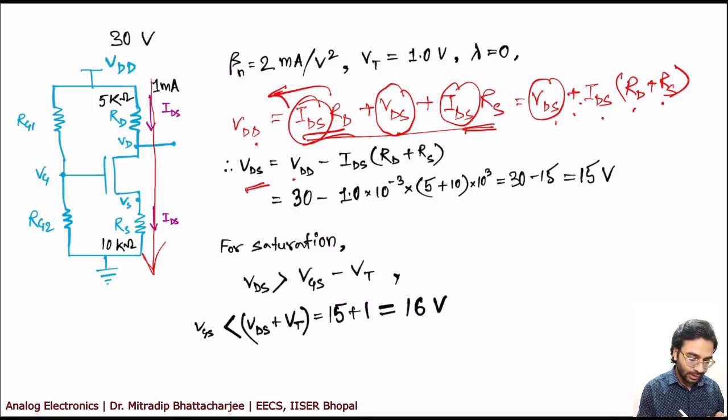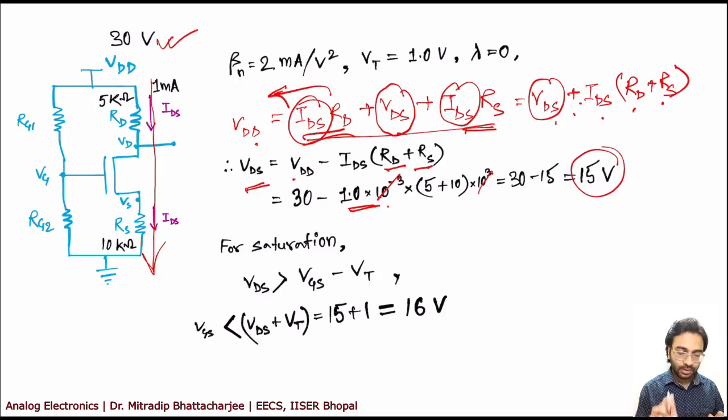Now you have VDD value 30 volt, you have IDS value 1 milliampere, you have RD and RS values 5 and 10. So 5 plus 10, remember these are kilo ohm, so 10 to the power 3. This is milliampere, so 10 to the power minus 3. So these two will cancel out. You have 10 plus 5, 15 into 1, 15. So 30 minus 15, you have 15 volt.